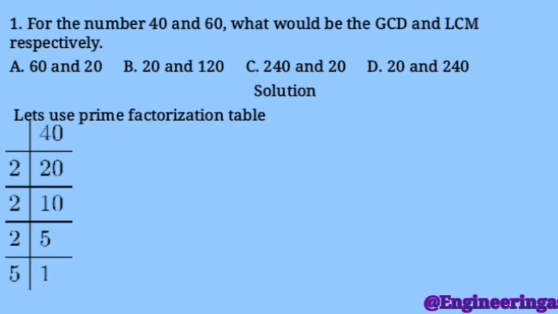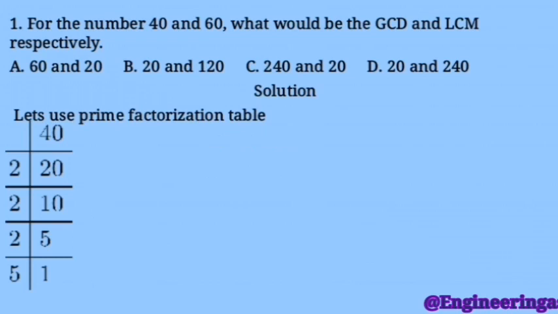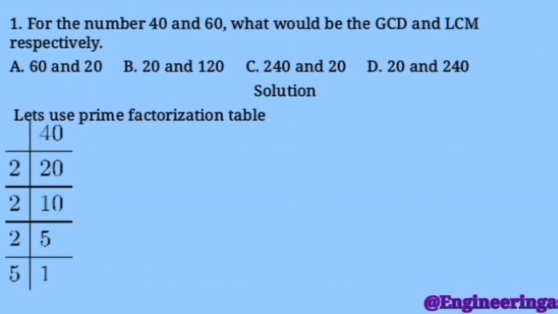And for the number 60, when we divide 60 by 2, it will be 30, 30 by 2 is 15, 15 by 3 is 5, and 5 by 5, it will be 1.